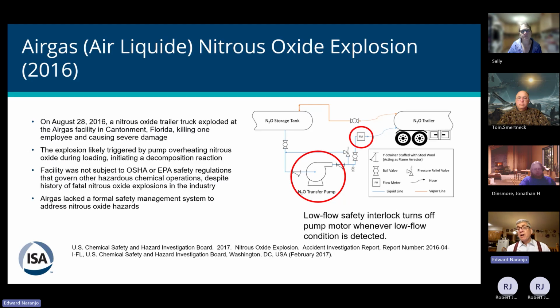Now, when it comes to a smaller facility, I would also say PSM gives the end user the ability to pick its own poison. It's amazing, but it says you can tell us what process safety standard you will follow to meet PSM.